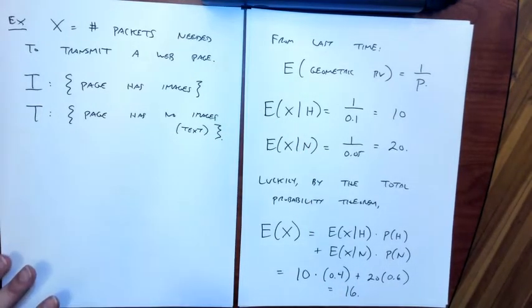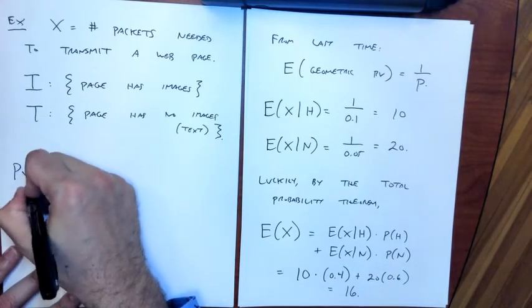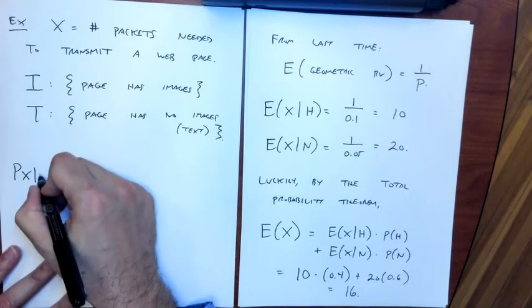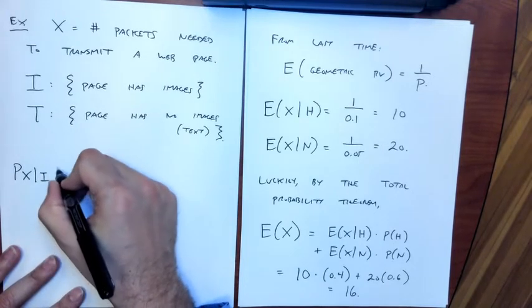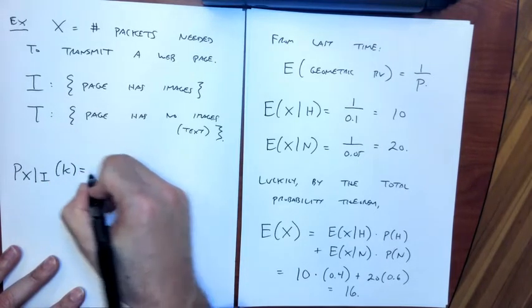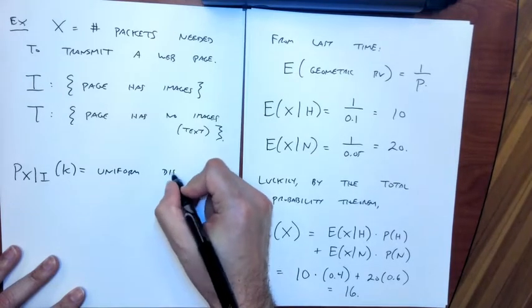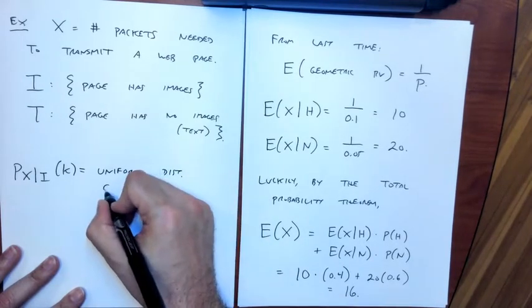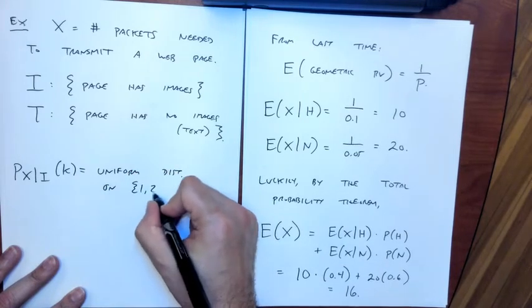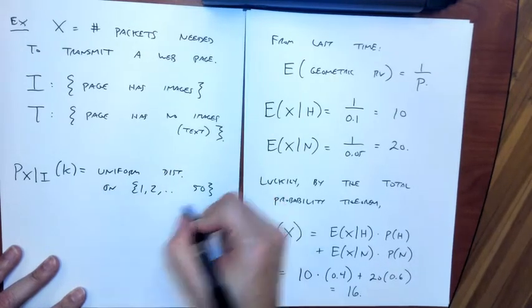And I'm going to give you some conditional PMFs, right? I'm going to say, okay, the probability of the number of packets given that it is an image page, that number could be anywhere between 1 and 50. So I'm going to give it a uniform distribution on 1 packet up to 50 packets.